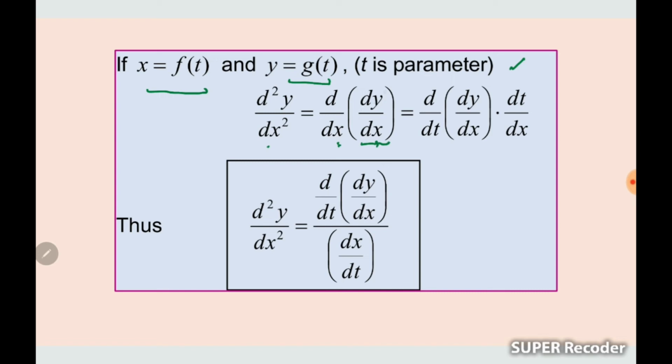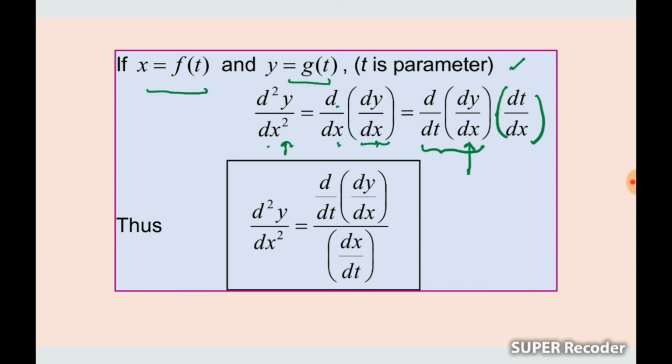You can see here that d squared y over dx squared is actually equal to differentiating the first derivative, dy/dx, with respect to t. Then you have to multiply with dt/dx. So you have two things to be considered here.